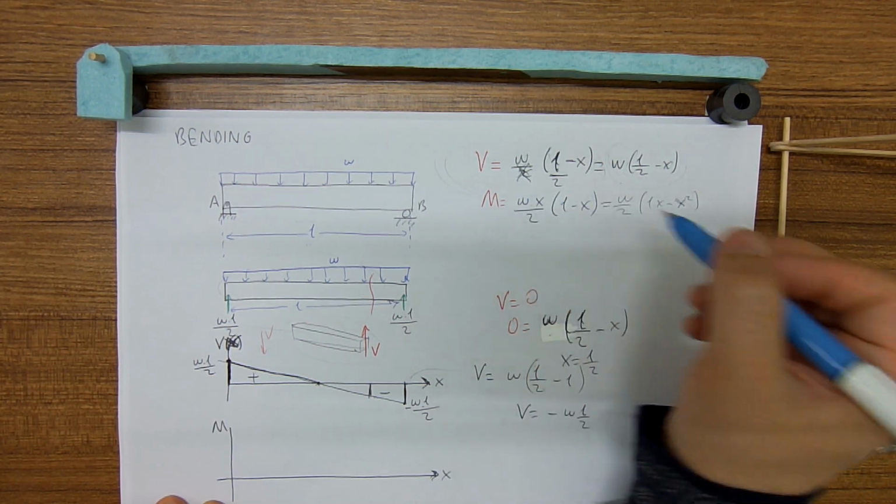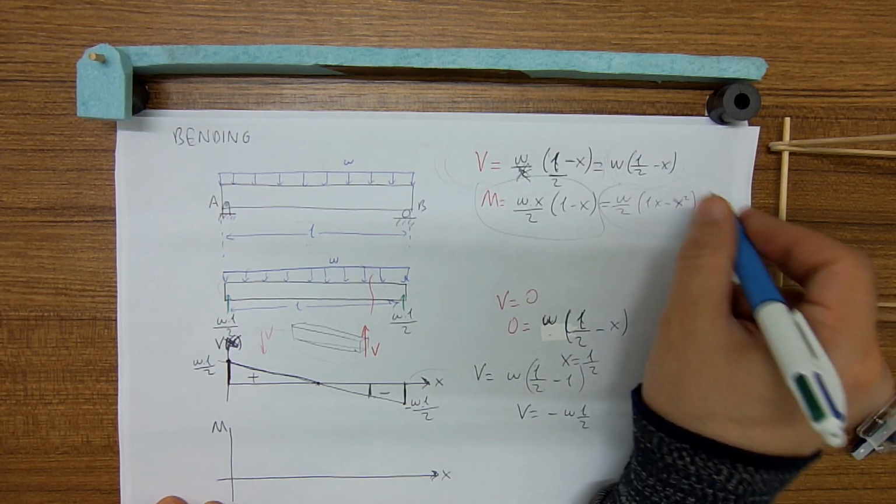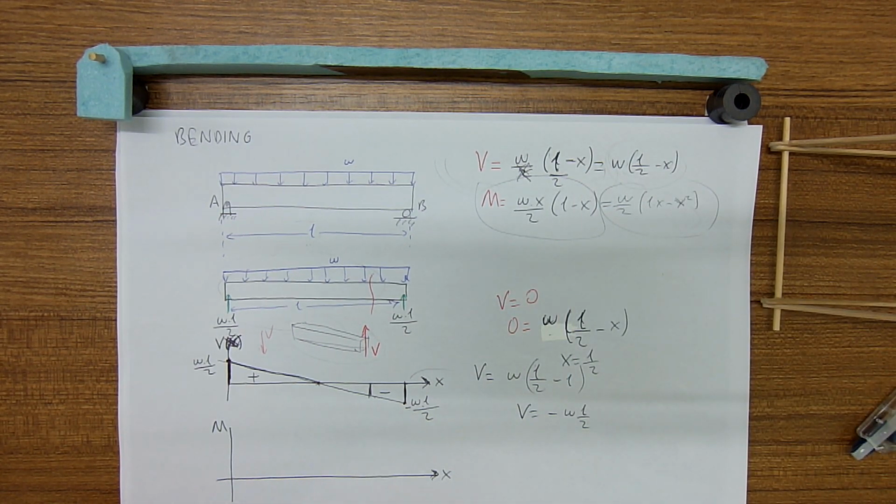Again, we use this equation, or this one. We know, or I should say, that where the shear is 0, the bending moment is maximum.